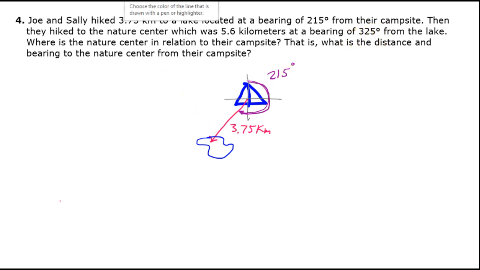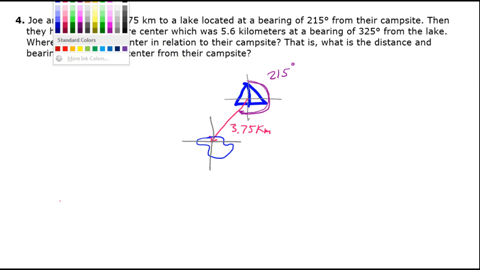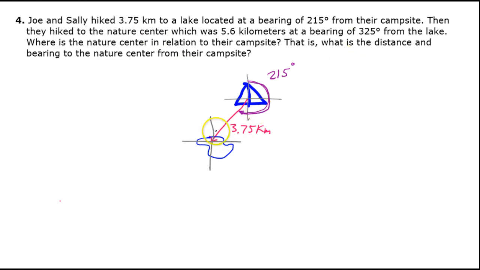So a bearing of 325 degrees, so I'm going to need an XY axis, so I can do my bearing, 325 degrees, starting from north. All right, 325 degrees would be all the way around, almost back to the start, because 360 degrees would be all the way back.